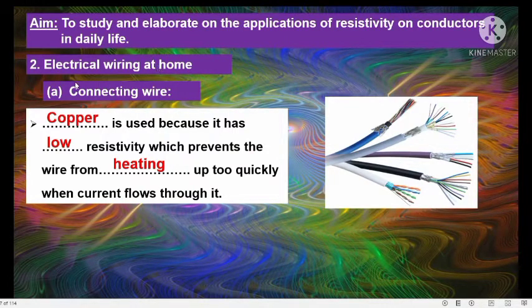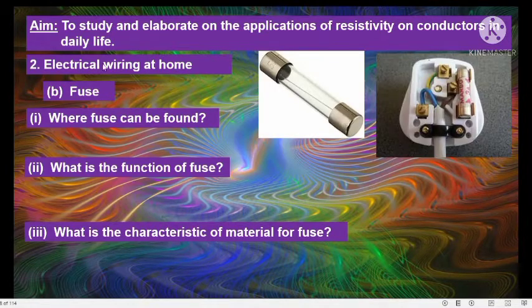For connecting wire, the useful energy is not heat energy. Heat energy is wasted energy. So we don't want heat to be produced too high, as that will be wasted. So we choose copper.